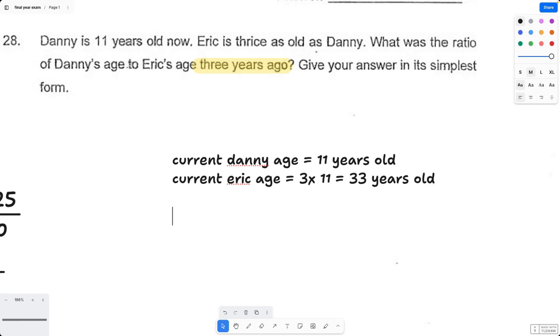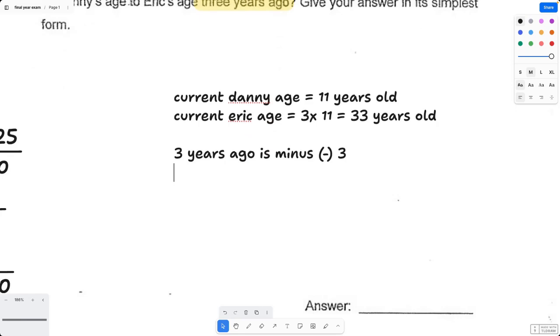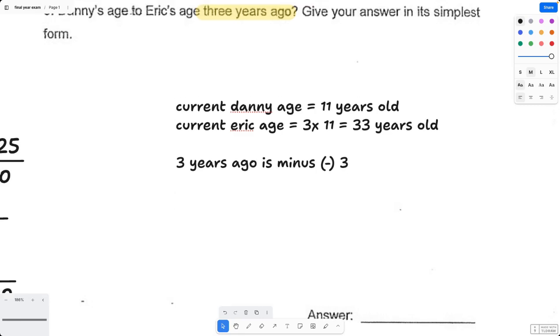So we want to know 3 years ago. So 3 years ago is equal to minus 3, right? So example, I'm 10 years old 3 years ago. Okay, never mind, just minus 3 lah. Understand that first.